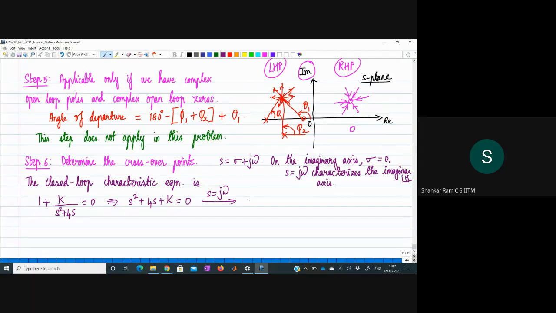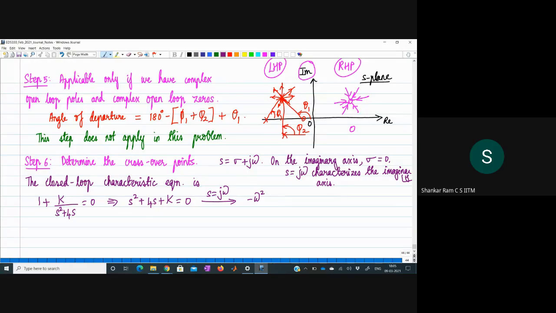What will happen to s square? j omega whole square will be j squared omega square, and j squared is equal to minus 1, so it will be minus omega square.